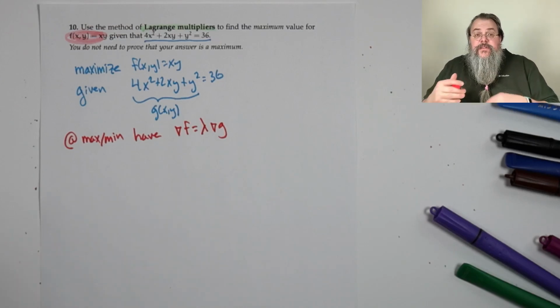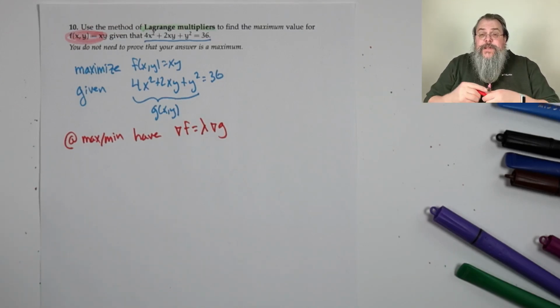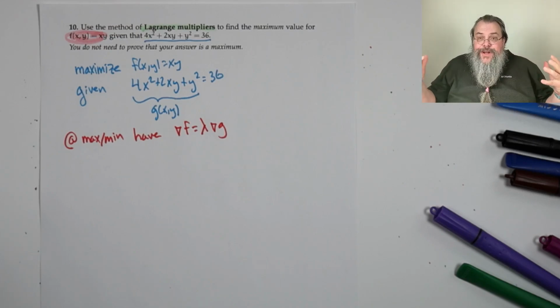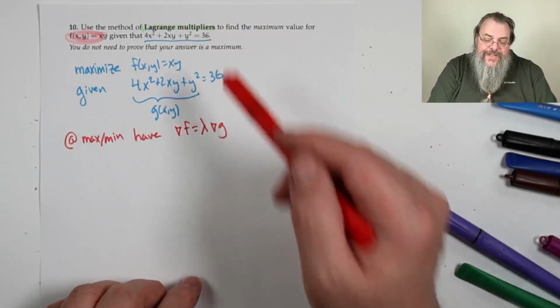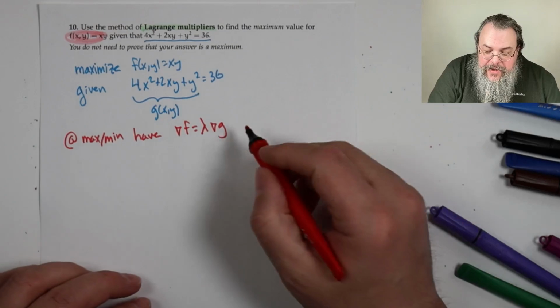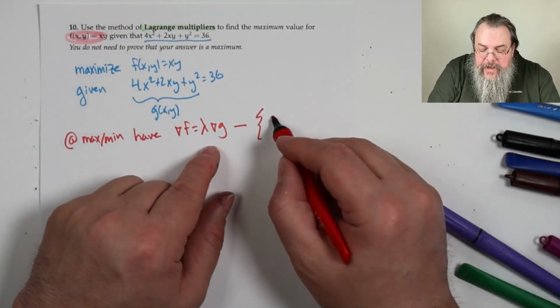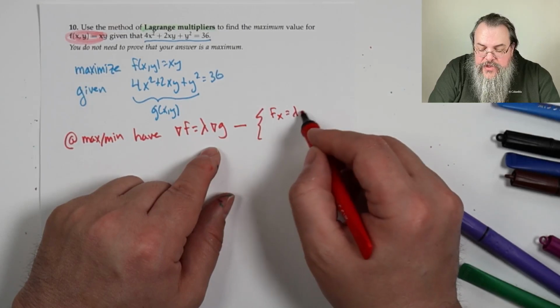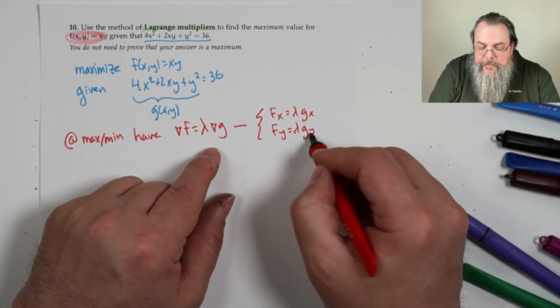Two things are parallel if they differ by a constant multiplier. That's where the multiplier comes from in Lagrange multipliers. This leads us to a system of equations, in this case just two equations: f sub x equals lambda g sub x, and f sub y equals lambda g sub y.